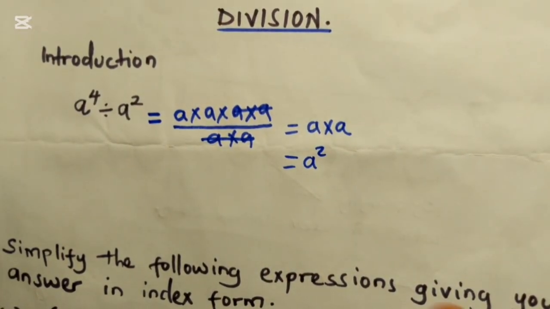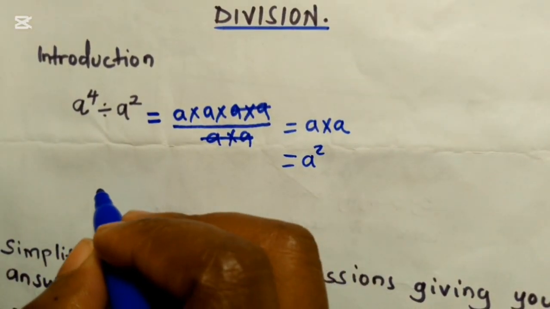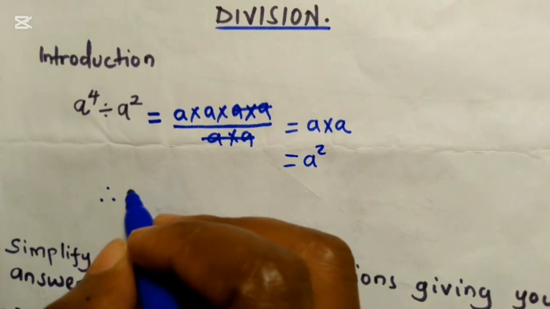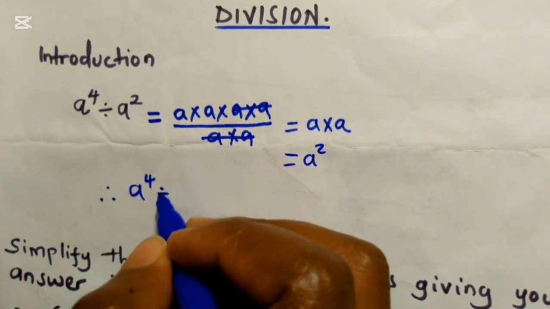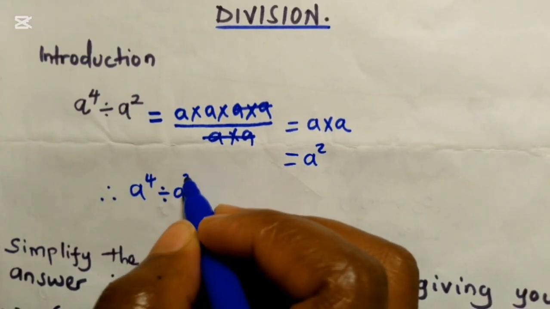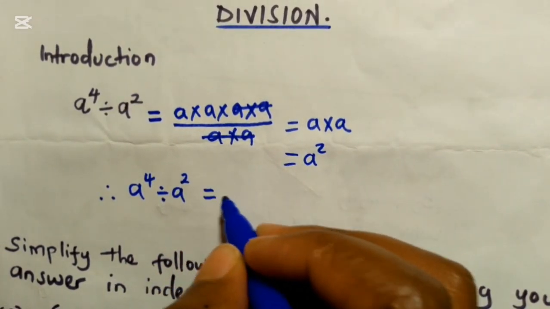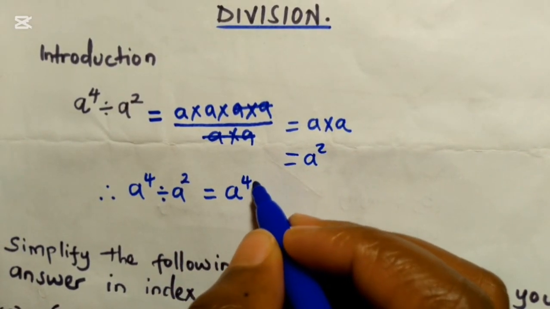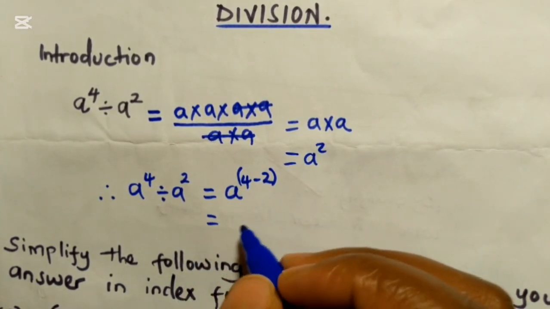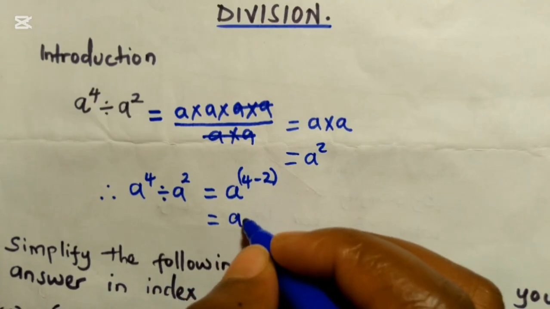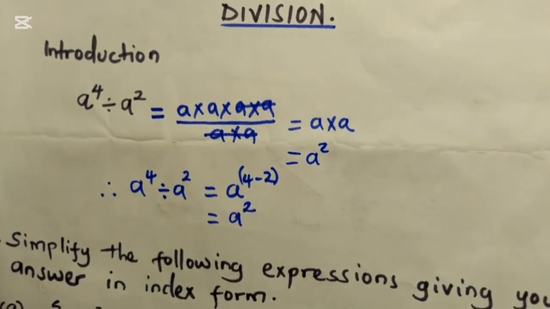And therefore we can comfortably say that a power 4 divided by a power 2 is the same as a power 4 minus 2, which is equal to a power 2.